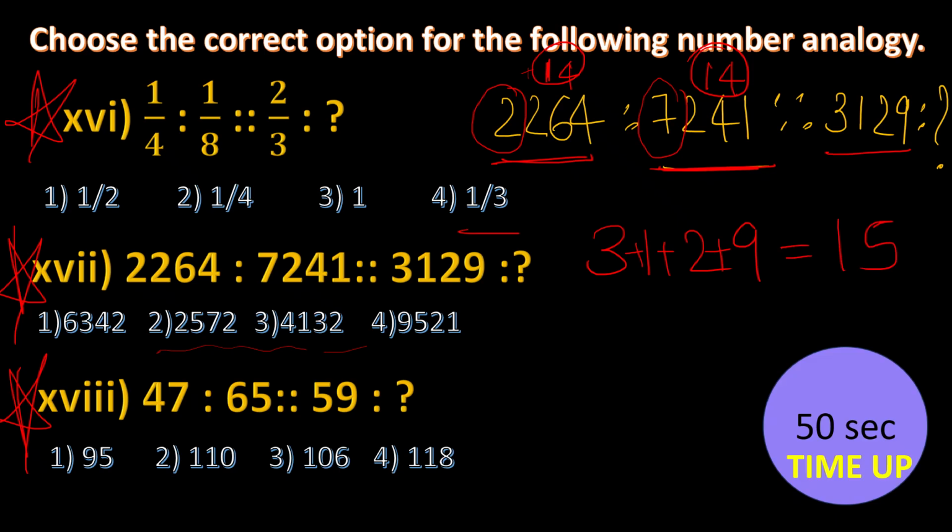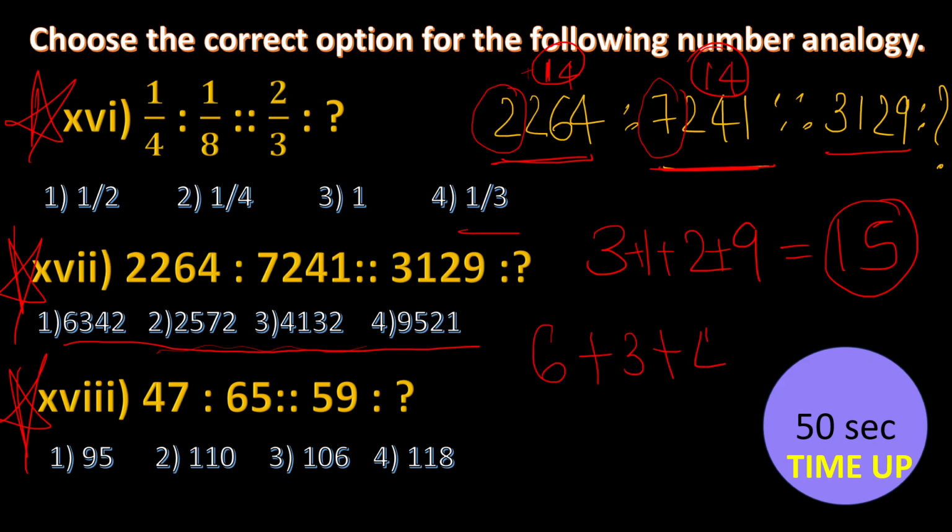Now, here see in the options which number when I add within the numbers, I'll get sum as 15. 6, 3, 4, 2. So if you add 6 plus 3 plus 4 plus 2, you'll get sum as 15. So correct answer will be the first one, 6342. Okay. Next one.